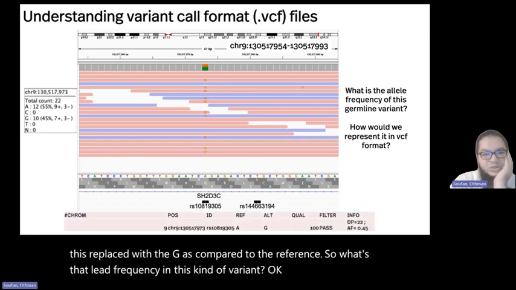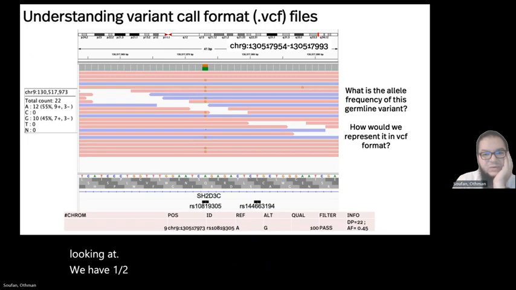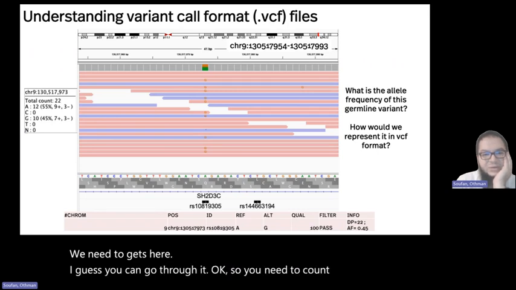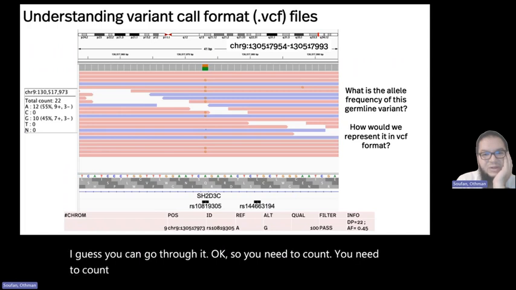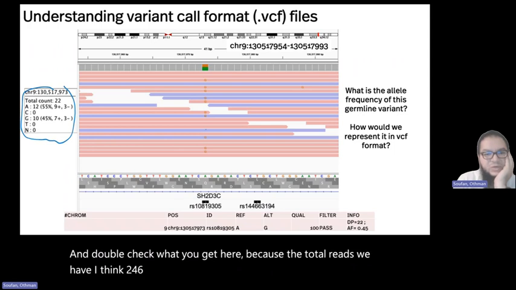Okay, so here we are looking at how many reads? I guess you can go through it. You need to count the numbers and double check what you get here, because the total reads we have, I think 2, 4, 6, yeah, 22 reads.